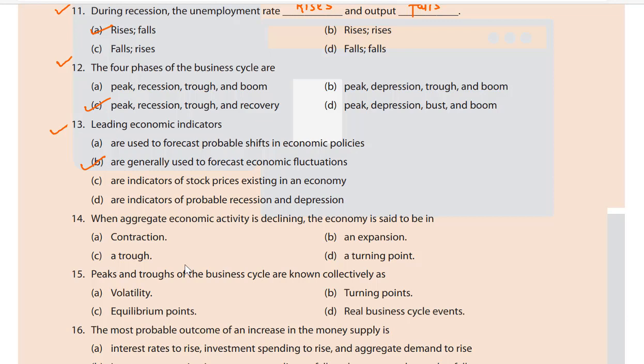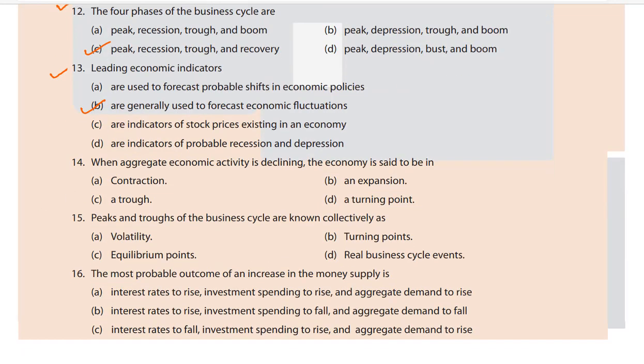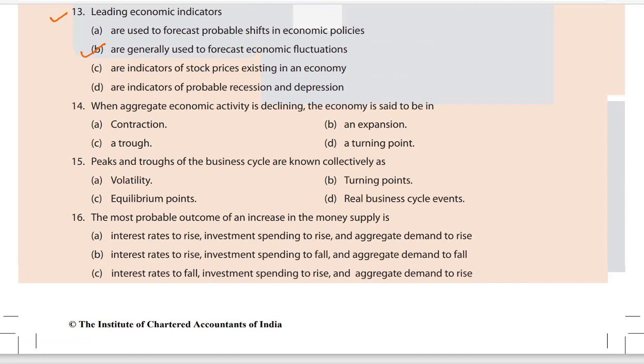Question 14. When aggregate economic activity is declining, the economy is said to be in A, contraction, B, expansion, C, equilibrium points, C, a trough, or D, a turning point.